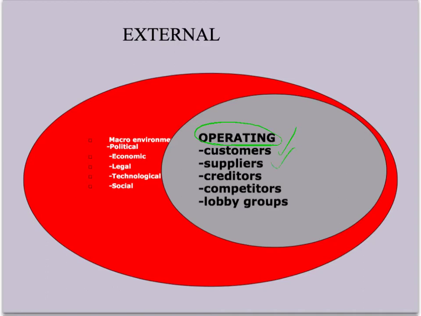Suppliers. Suppliers are those organisations who provide the raw materials or the resources, including the capital that organisations use to operate. They can directly affect how an organisation operates, and they must respond accordingly.